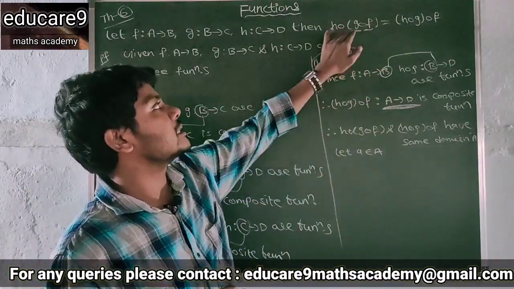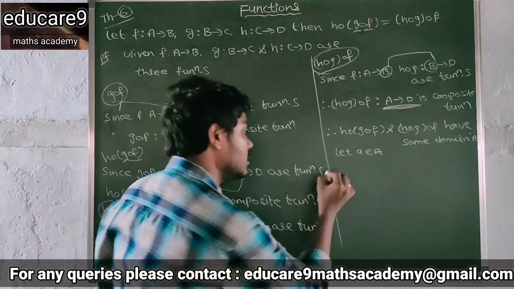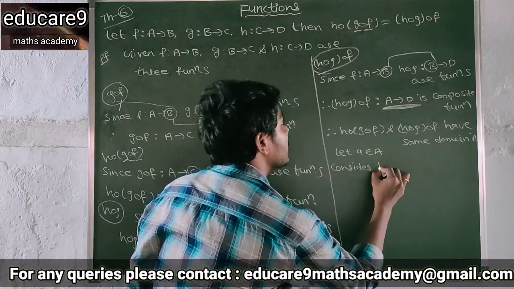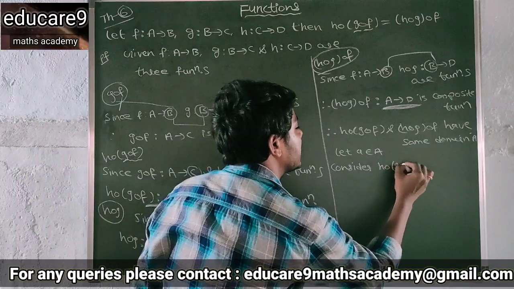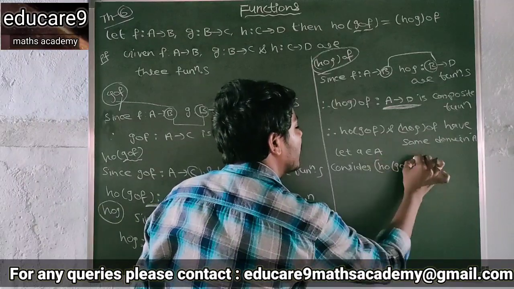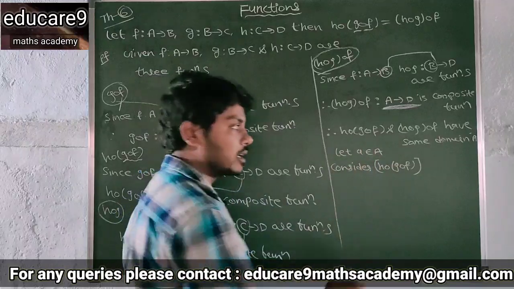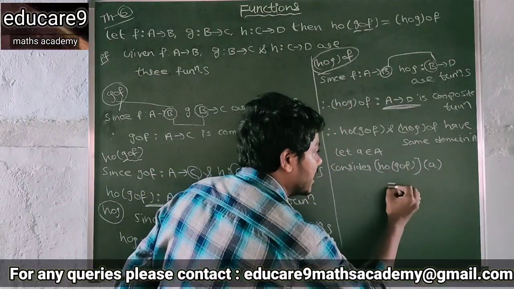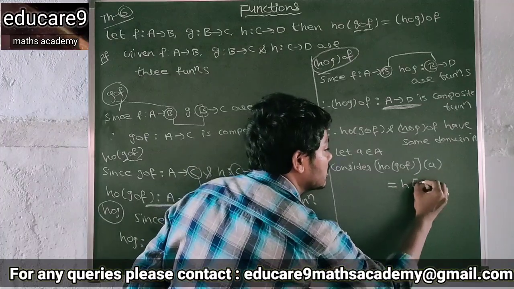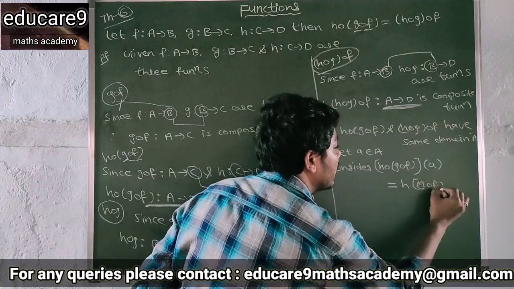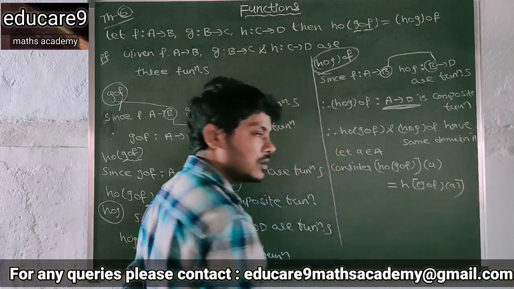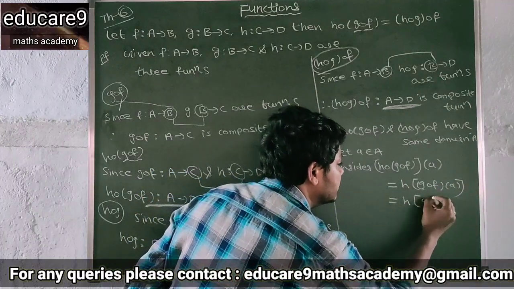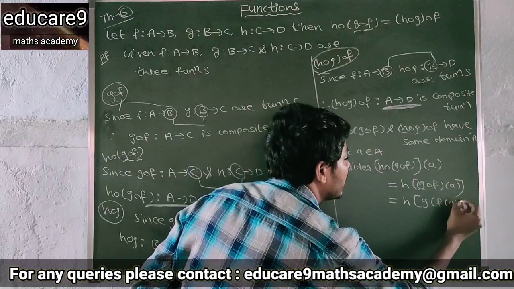So for that consider LHS. Consider H circle G circle F of the same domain element, that is a only. This can be written as H of G circle F of a. Again this can be written as H of G of F of a.